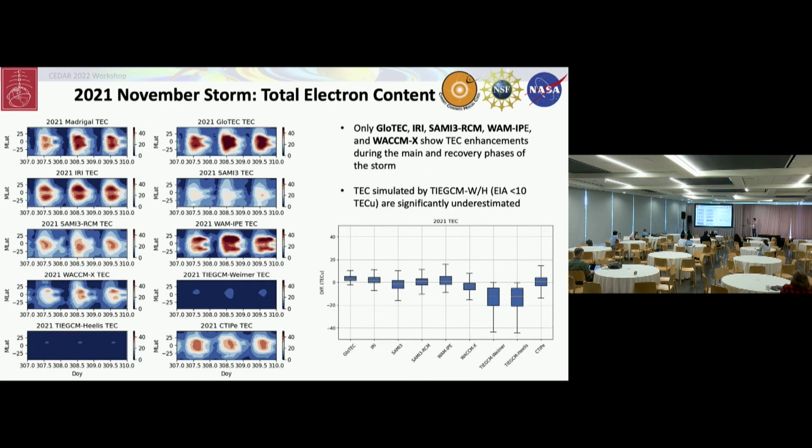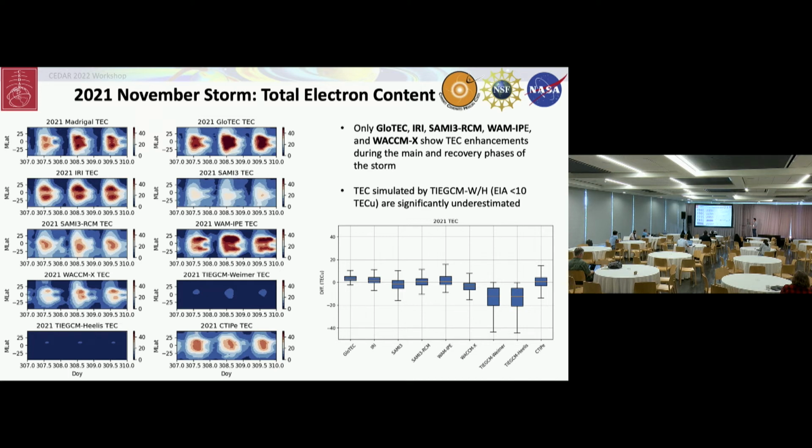And for the other storm time, the 2021 November storm, you can see in the total electron content observations that the second day also shows very significant TEC enhancement, and the third day.